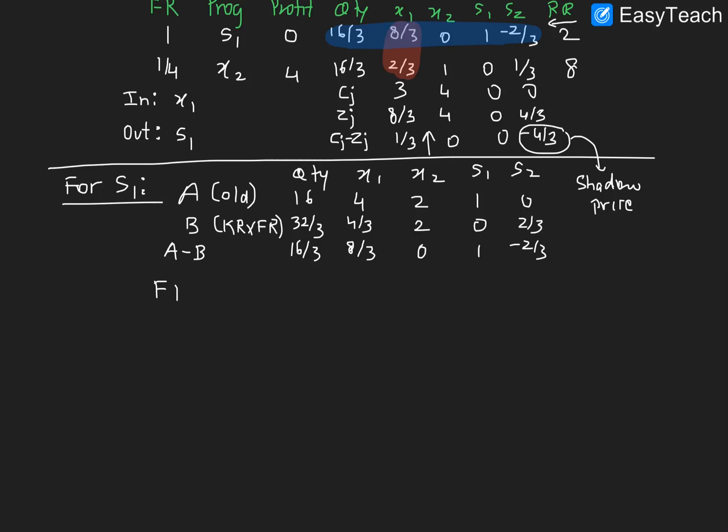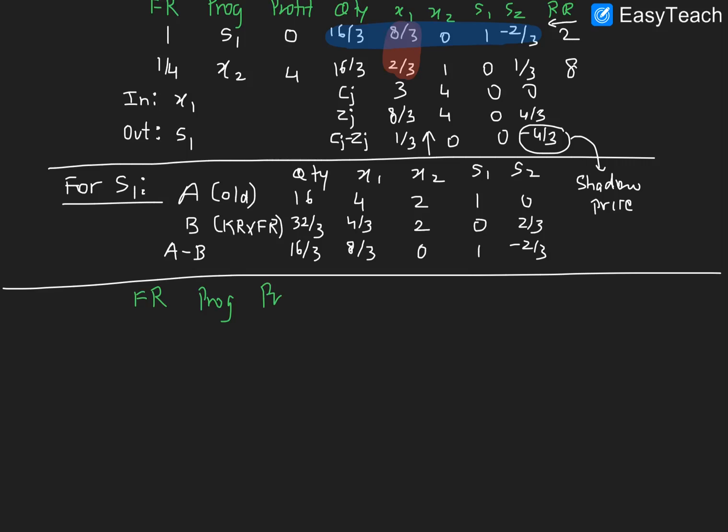So that's fixed ratio. So let me just give the headings: fixed ratio, program, profit, quantity, x1, x2, s1, s2, and then replacement ratio.